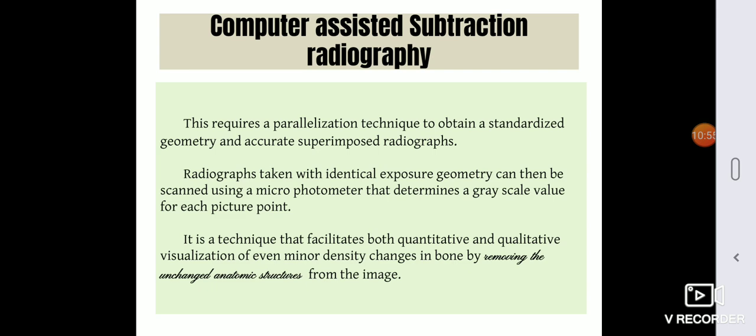As I already told you earlier, at least up to 30% or more bone loss is required in order to be visualized on the conventional radiographs, but this can be overcome with the help of this technique. This technique allows a near perfect accuracy at a lesion depth which corresponds to 0.49 mm of compact bone, whereas the lesion needed to be 3 times larger to be detectable with conventional radiography.